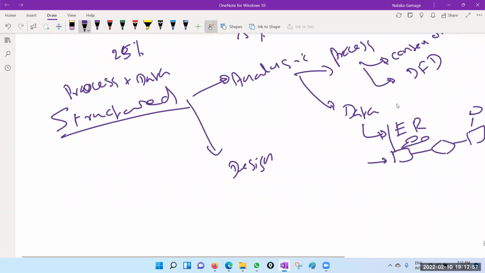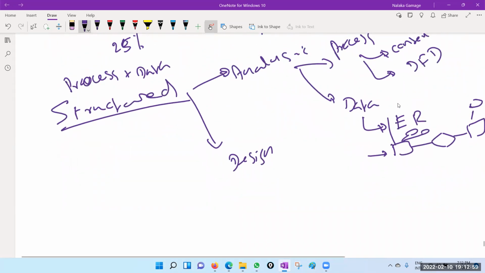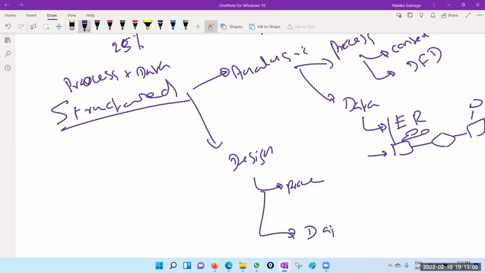Now when it comes to designing, we can subdivide it into process and data, because of the thinking behind the structured approach. Remember the concept of information: we process data into information.